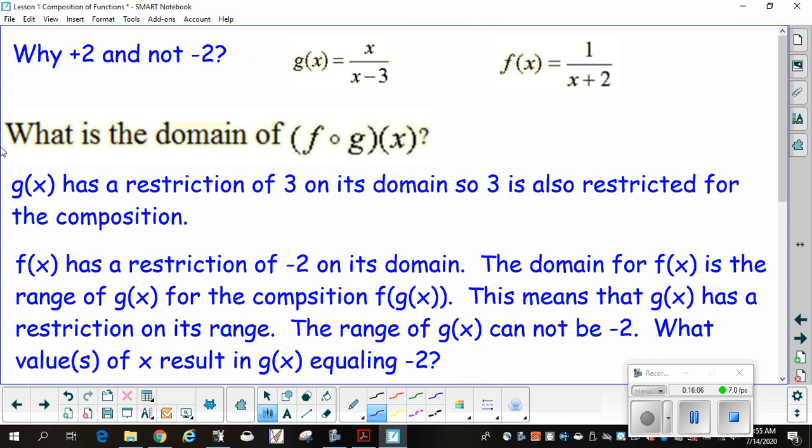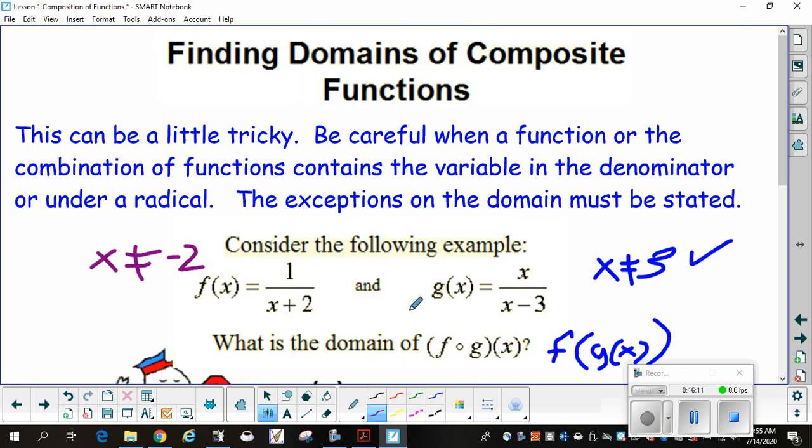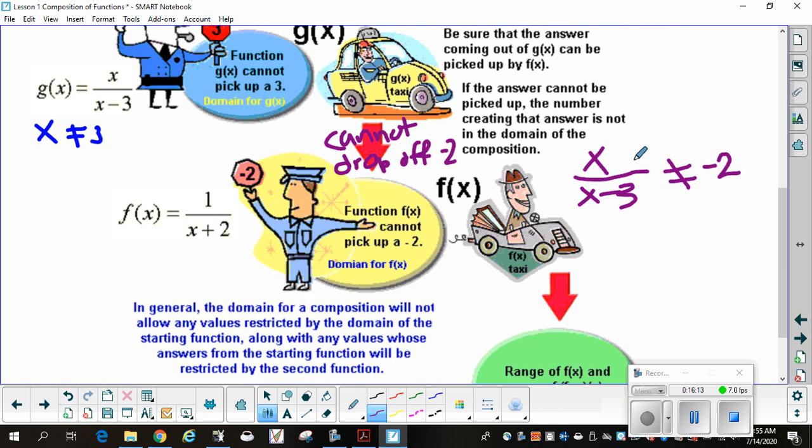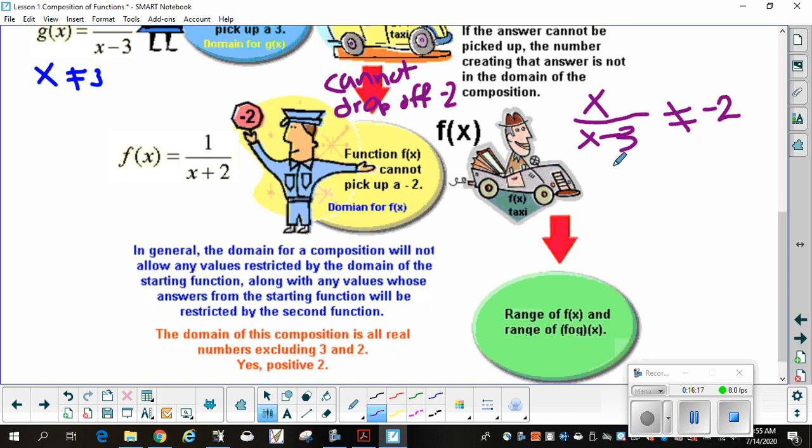So, y plus 2 and not negative 2. Well, remember, this is what it can't equal. When I solve for my x, I'm going to multiply both sides by x minus 3. So x is equal to negative 2 times x minus 3.